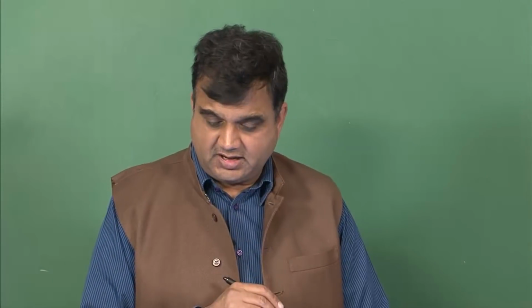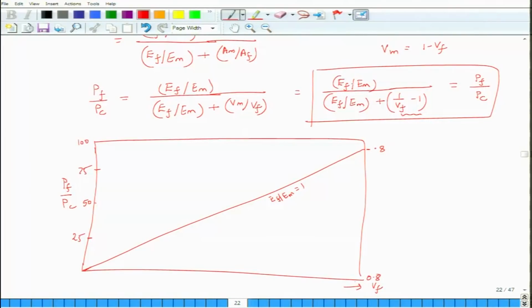So, whether you increase the fiber or you decrease the fiber, this is a straight line, because the numerator is 1, and this is 1 plus 1 over Vf minus 1. But as you increase the modulus of the fiber to 2, it looks like this.